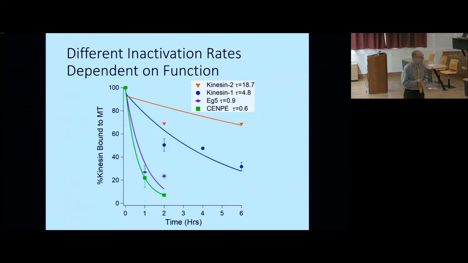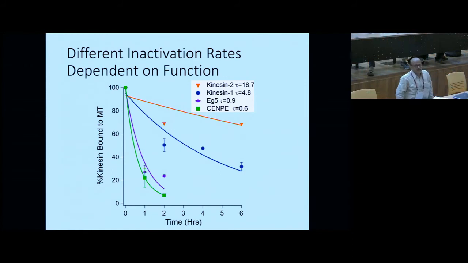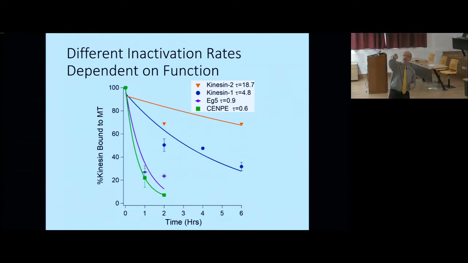Yes? This is basically taking the motors and doing microtubule pull downs and looking at how much comes down as a function of aging time. It's all in vitro, aging on ice. We're aging under identical conditions on ice in a test tube.